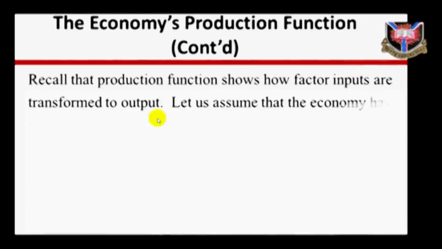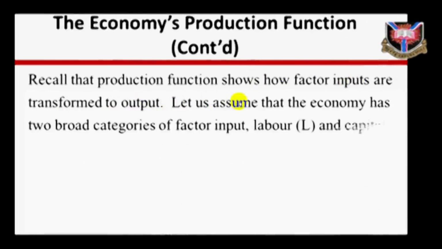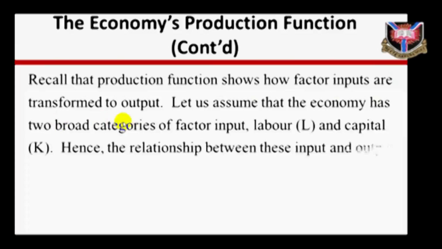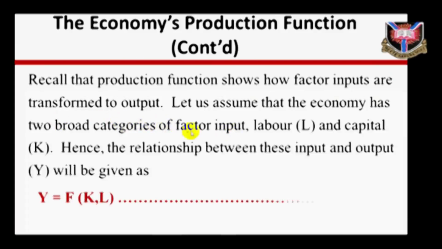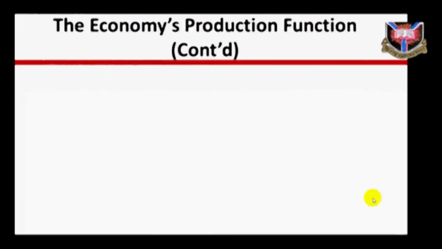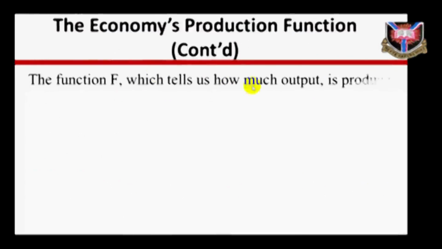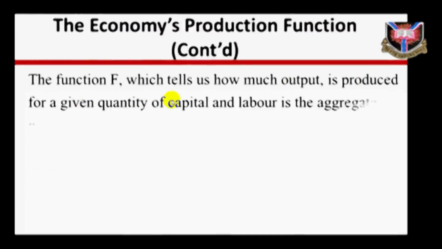Let us assume that the economy has two categories of factor input, that is labor and capital. Hence, the relationship between these inputs and output will be given as Y equals F of K and L. The function F, which tells us how much output is produced for a given quantity of capital and labor, is the aggregate production function.